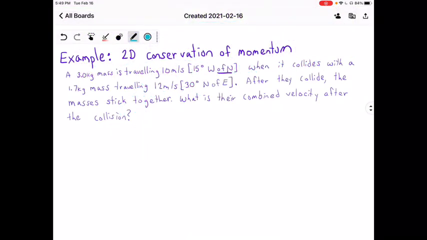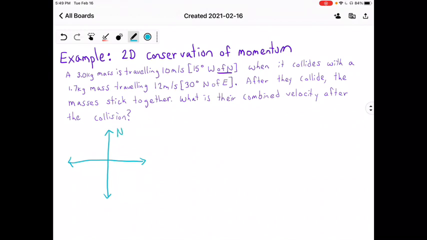This next example is a two-dimensional conservation of momentum example, which means that the motion happens in two dimensions. We have a y-axis and an x-axis. So it might be north-south, or up-down, or left-right, or east-west. The different kinds of directions vary.